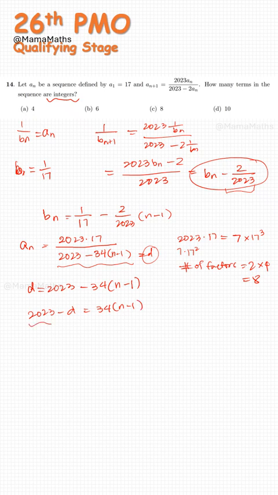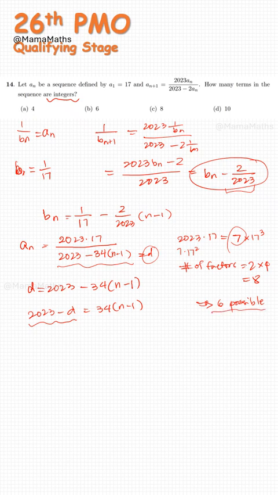This should be a multiple of 34. So we will remove the factors that would lead to a non-multiple, which is just the 7. So there are 2 factors of that, and there will now be 6 possible.